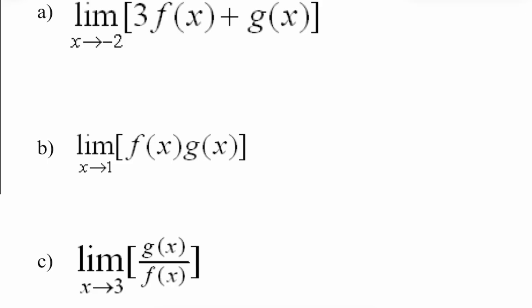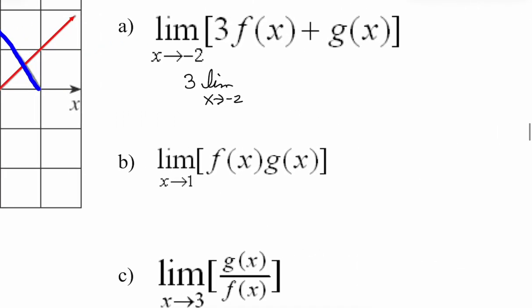Basically, you're just going to take 3 times the limit as x approaches -2 of our f function. Was it f in blue? Yeah. Plus the limit as x approaches -2 of our g function. So all we're doing is we can take the individual limits.